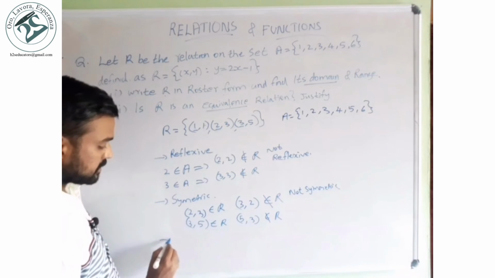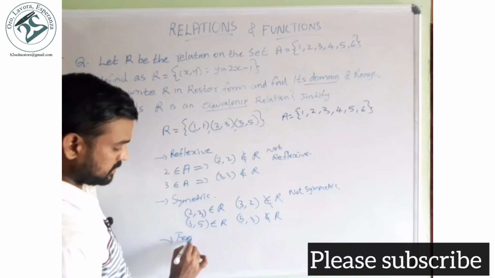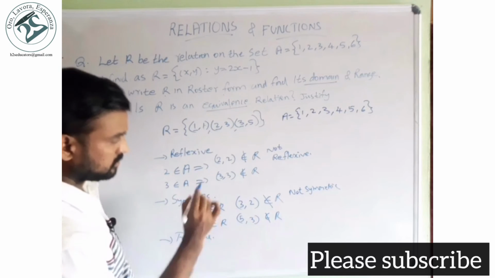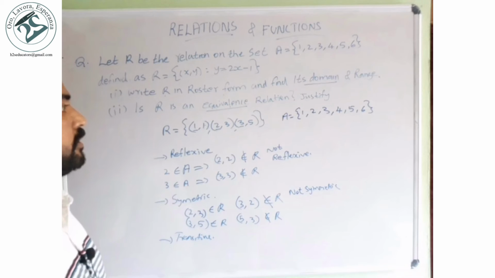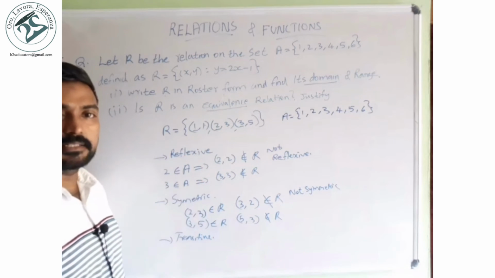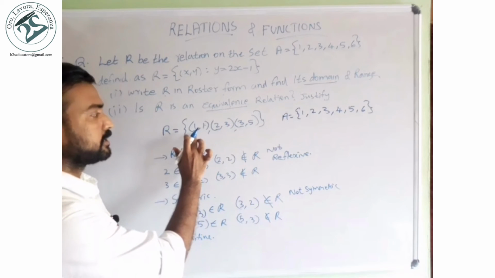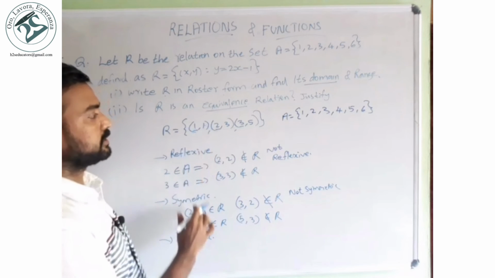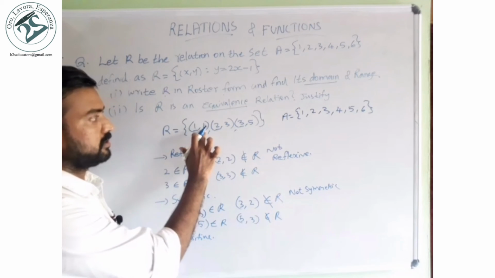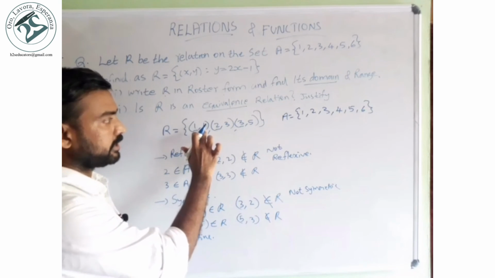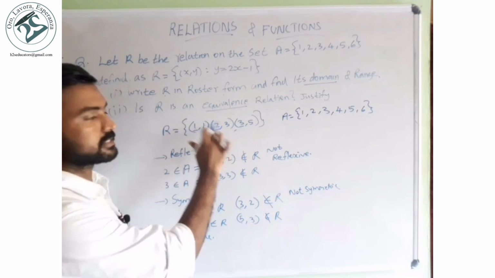Now, third test, it is transitive. In the case of transitivity, we have to consider transitiveness. That means here (1, 1). Again, this y is coming as the x element.